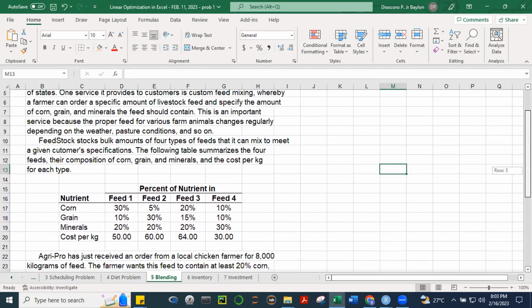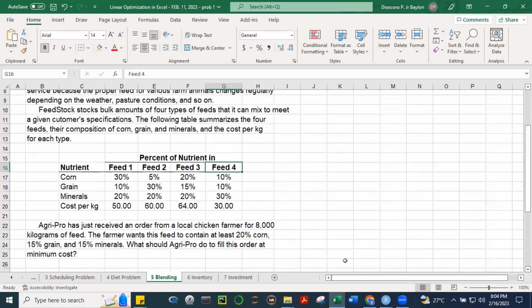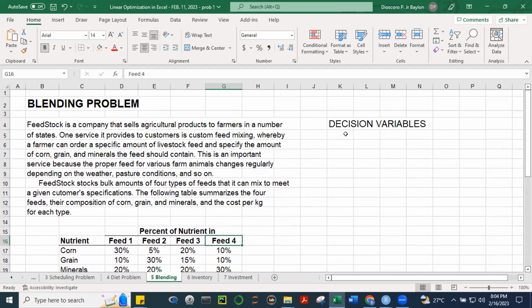Take note that this will be coming from combining feed 1, feed 2, feed 3, and feed 4. They'd like to combine them in such a way that it's like a made-to-order thing, so that it will have 20% corn, 15% grain, and 15% minerals. Of course, the cost should be minimized.